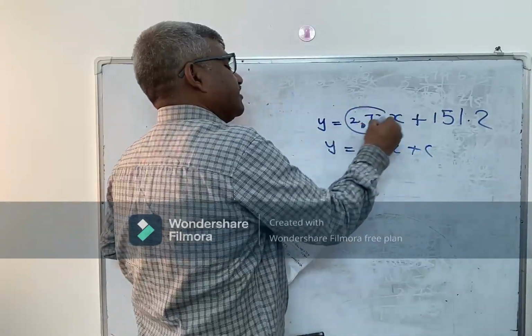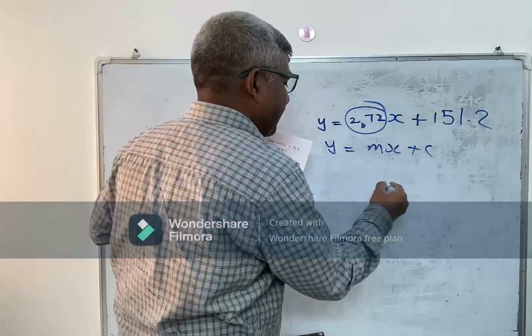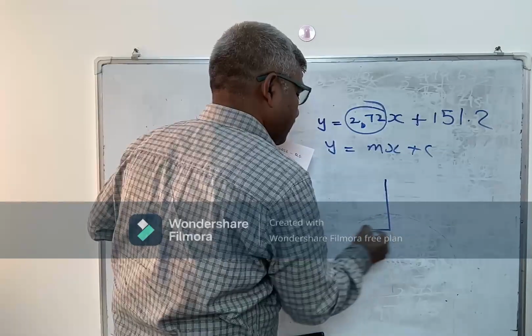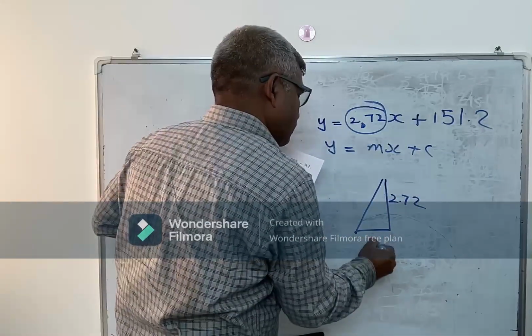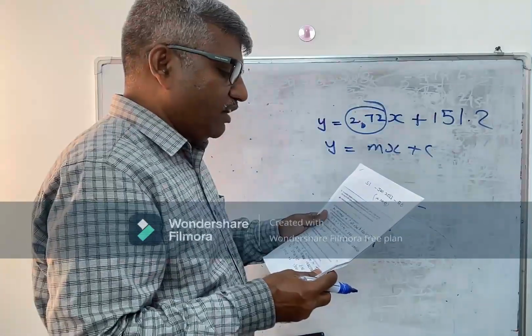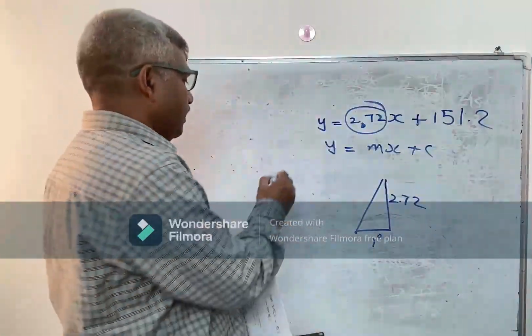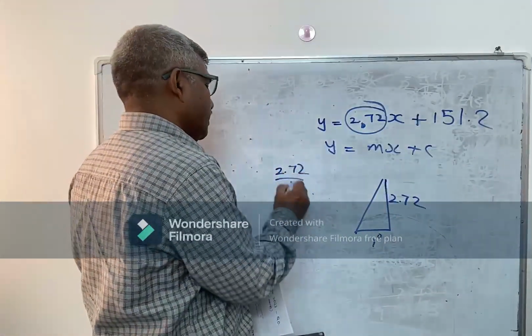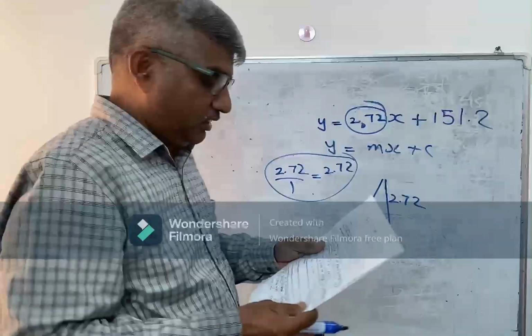The gradient is 2.72. What is meant by the gradient? Rise over run. So, an increase of 1 degree will allow 2.72 grams more of sugar to dissolve. 2.72 over 1 is the gradient 2.72. I hope you got it.